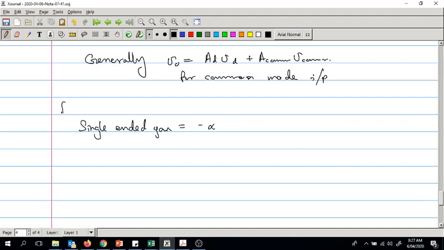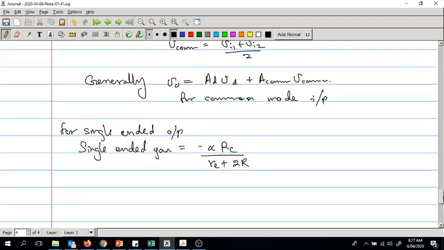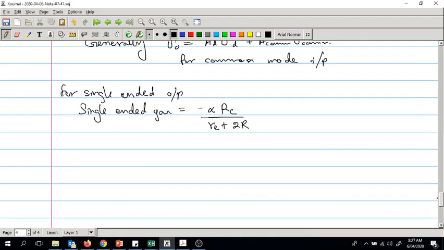So for single ended output, single ended gain is minus alpha RC over RE plus 2R, that is if you apply a single ended case. So that is deducing from the common mode gain calculations.